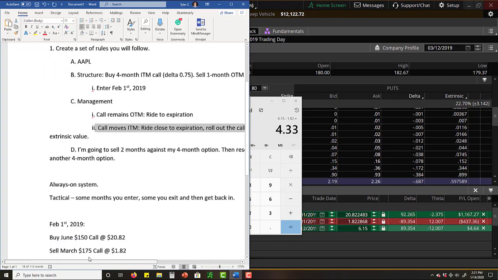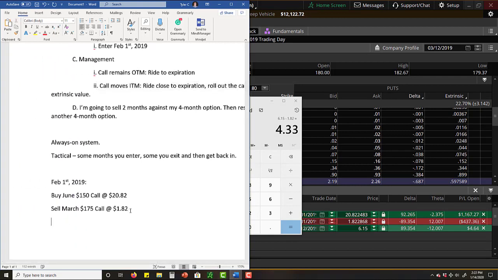So again, I could put all this in here. The date was now March 12th, 2019. I bought back the March 175 call at $6.15, so that is a loss of $4.33.